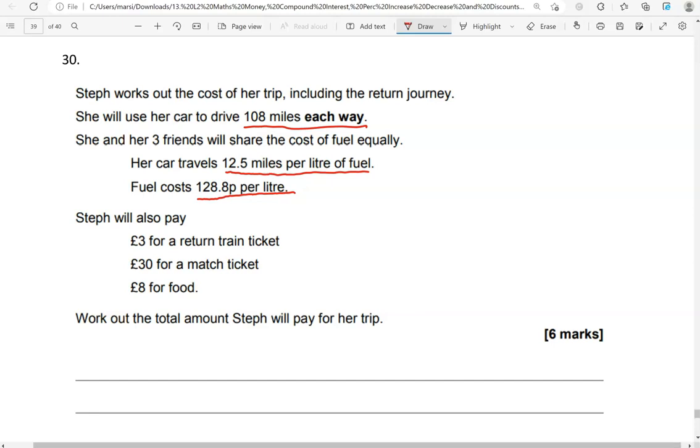So that is 108 miles each way. So 108 plus 108, that is 216 miles. Her car does 12.5 miles per litre of fuel. So if we divide 216 by 12.5, should give us how many litres are needed.